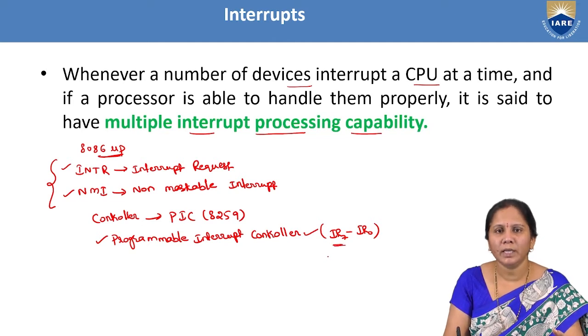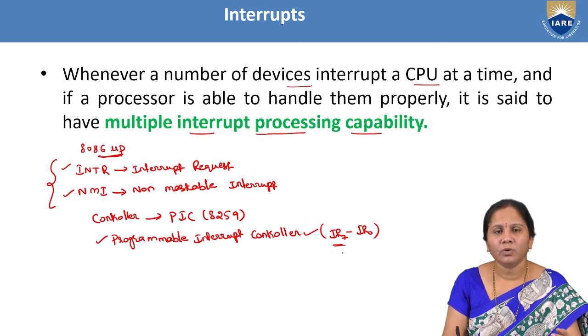That means a total of 8 interrupt request signals are available. Each interrupt request pin is capable of handling 1 interrupt, so 8 interrupt devices can be handled by one 8259 IC.